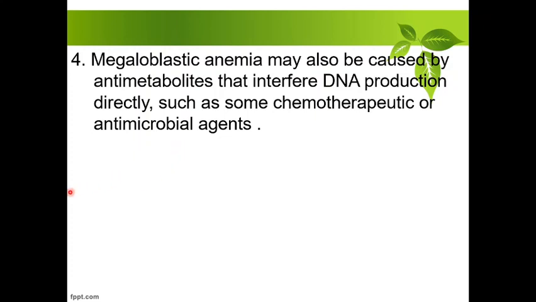Megaloblastic anemia can also be caused by the antimetabolite cancer treatment drugs that interfere with the DNA production. मैंने आपको बताया ना कि how the cancer treatment goes on. Cancer treatment drugs, they break the DNA. They interfere with the synthesis of the DNA.